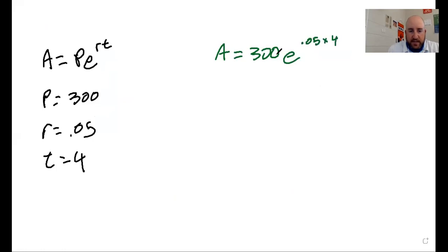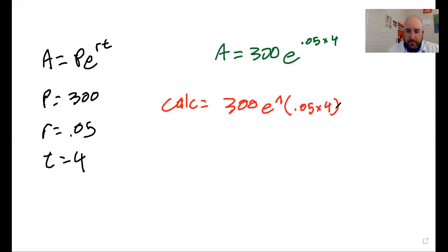So I definitely need to see this. And then, whichever calculator you're going to use, on your scientific calculator it's going to look like this in the display, at least on mine, the TI-30X. Anyway, e to the 0.05 times 4. To get this, we hit second, or shift, whichever one yours is, and then ln.